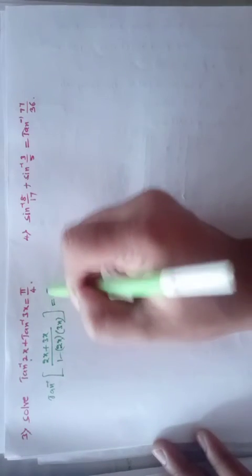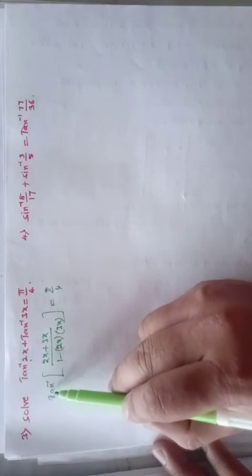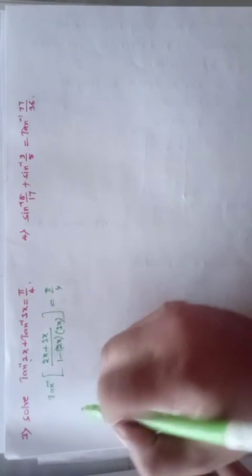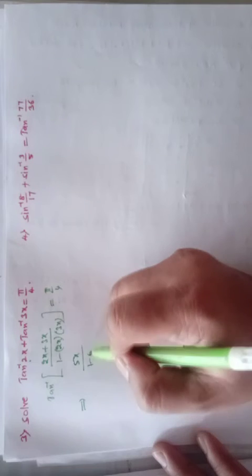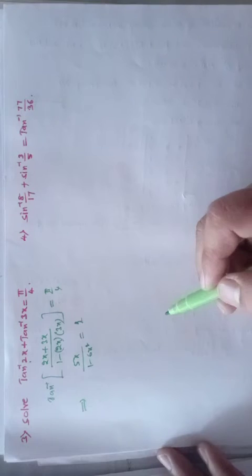So this value is equal to pi by 4. Send this tan inverse to the right hand side. Then 5x by 1 minus 6x square is equal to tan of pi by 4, which is nothing but 1.